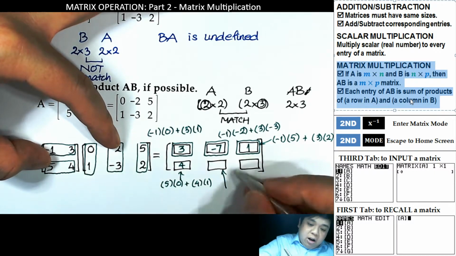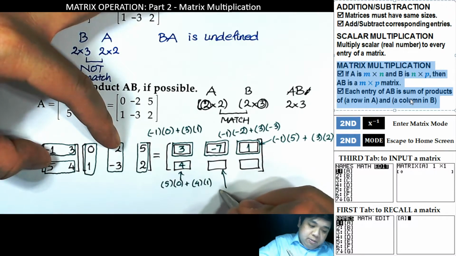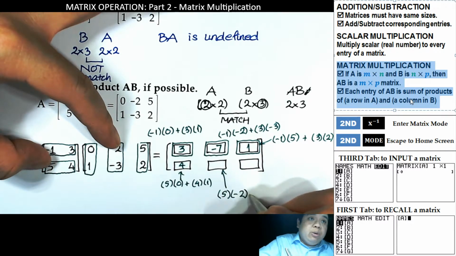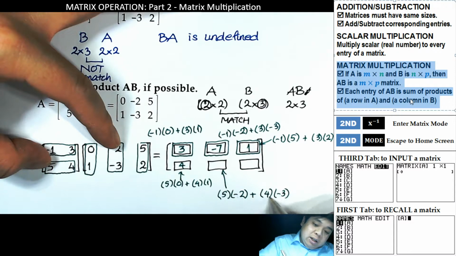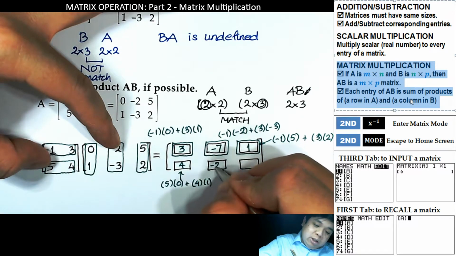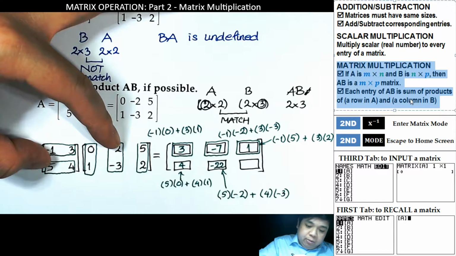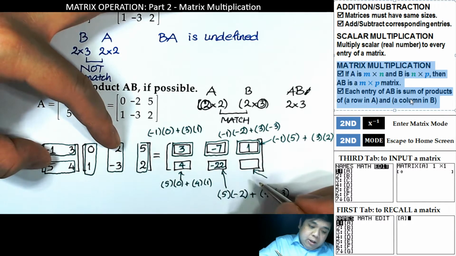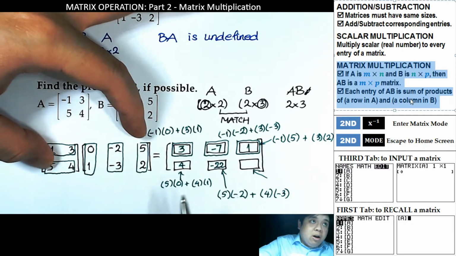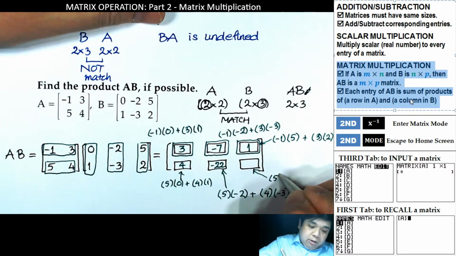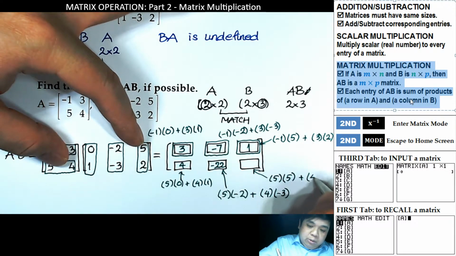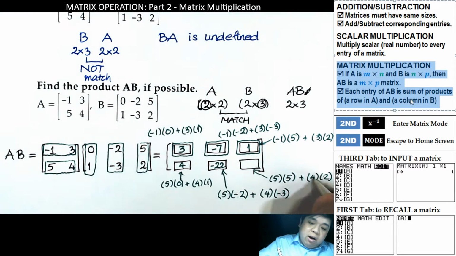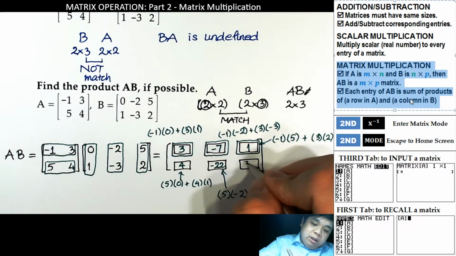Second row, second column: 5 and -2, and 4 and -3, -10 and -12, that is -22. And finally second row, third column: 5 and 5, 4 and 2, 25 and 8, that is 33.